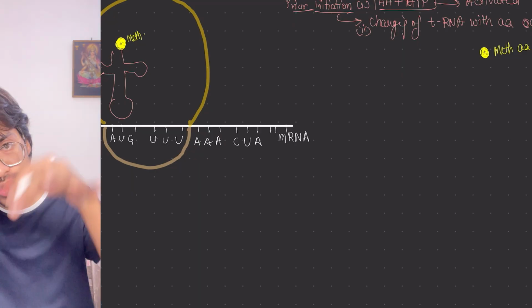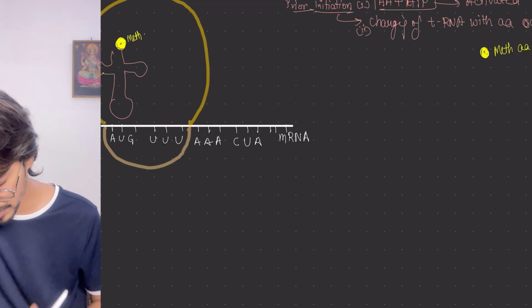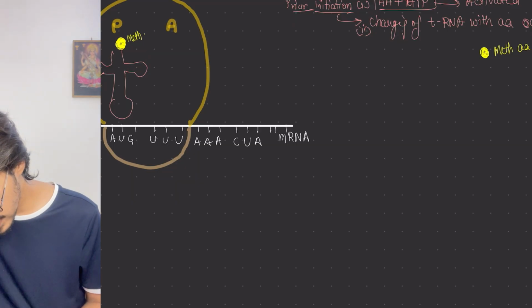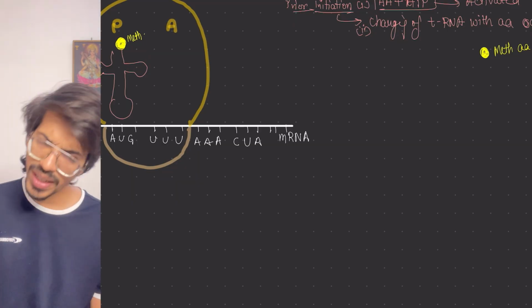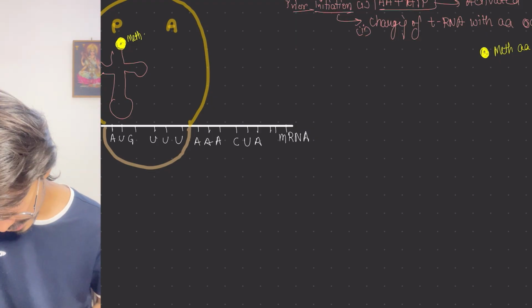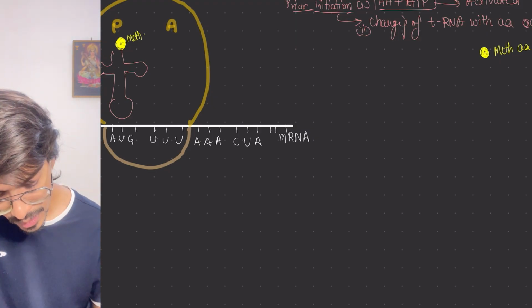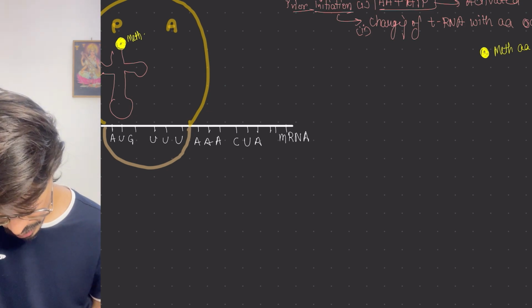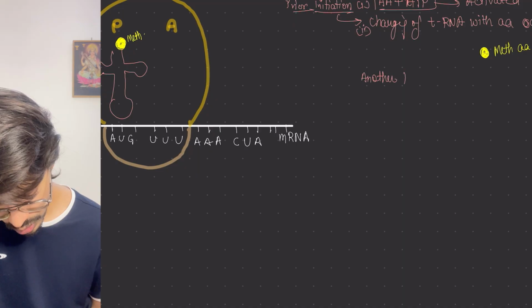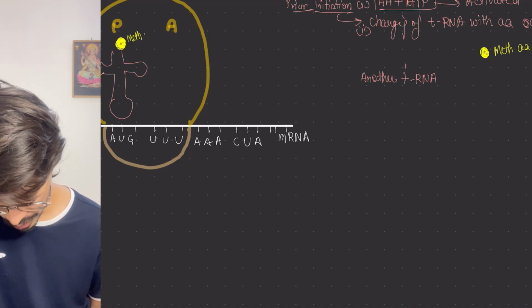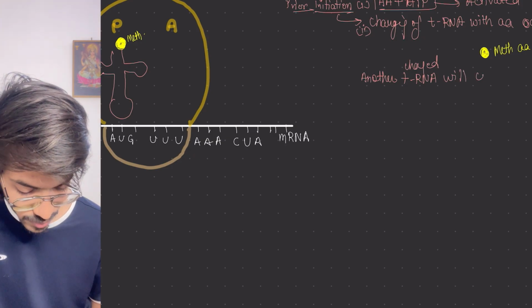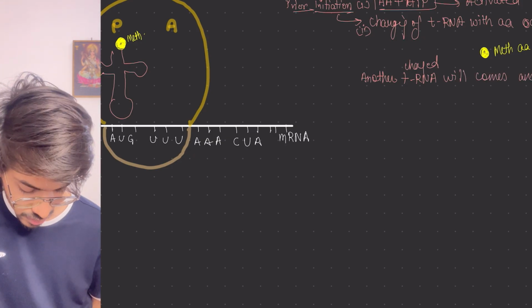Now when it is joined, there are certain spaces present. This is the P site, this is the A site, and there is an E site also. Simultaneously, the second position, the A site, is free. So on the A site another charged tRNA will come and join.